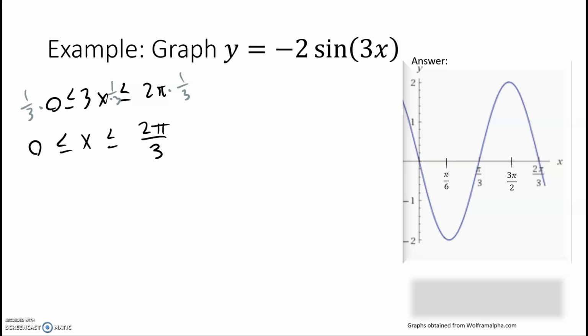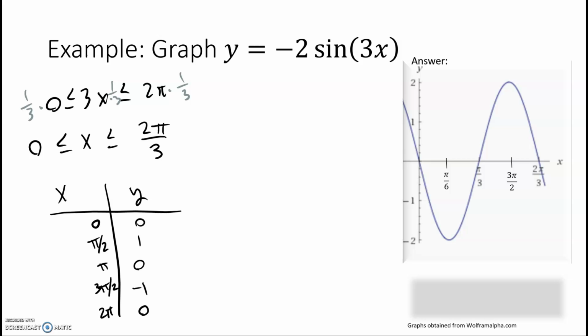Okay, now sine, let me get a little chart here. We're going to have our same angles, 0, pi over 2, pi, 3 pi over 2, and 2 pi. But sine starts at 0 and then goes to 1, 0, negative 1, and then back to 0.